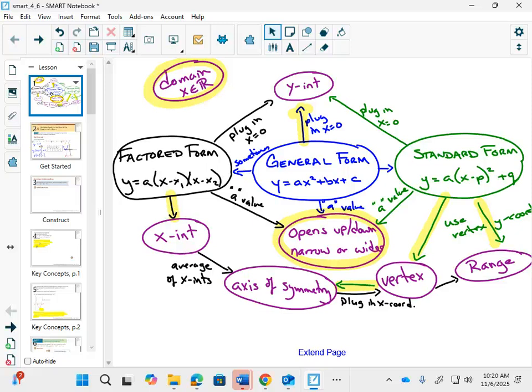And I guess technically, I'm going to add a black arrow, you can go back this way. You can always expand either the factored form or the standard form to get back to the general form.